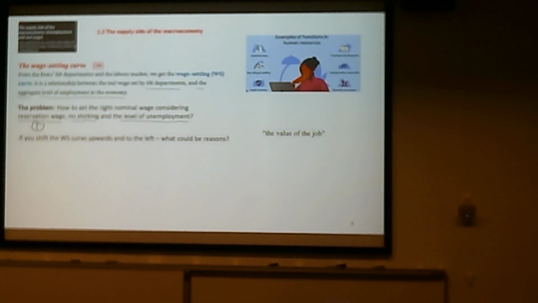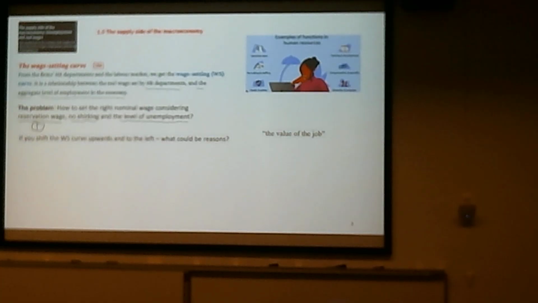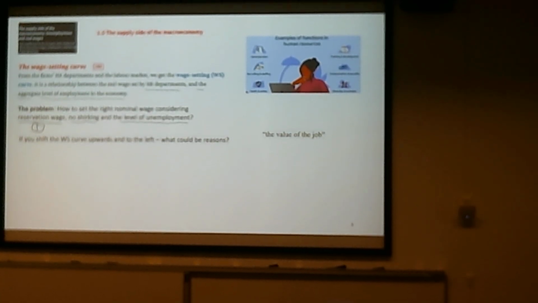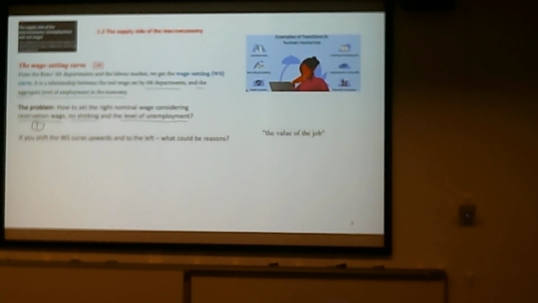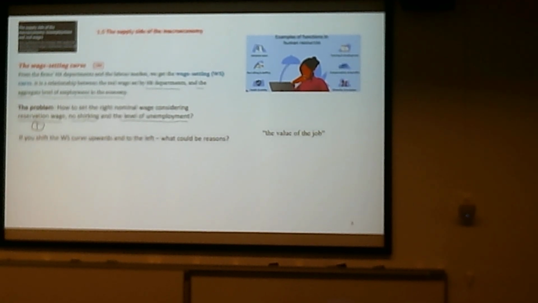And then it's not a horizontal curve, it's a curve that slopes upwards, to explain that we all have different reservation wages. So the more people you want in your company, the higher wage you have to give them.